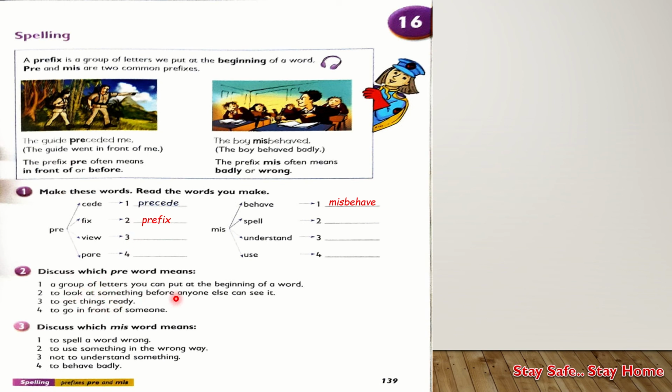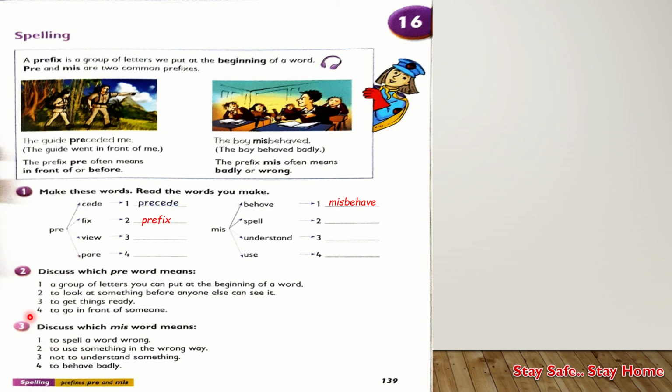So you need to put the correct word next to the meaning. For example, a group of letters you can put at the beginning of a word. Is it precede or prefix? It is prefix. So you write prefix next to the sentence. To look at something before anyone else can see it. Which one is it? Is it precede, prefix, preview, prepare? And you write it next to it.